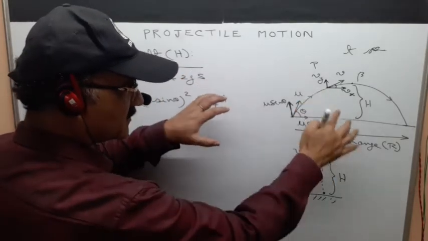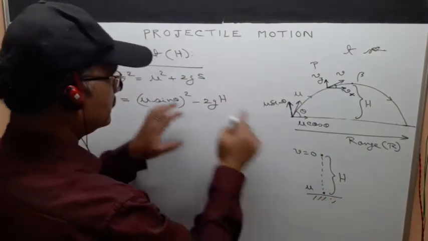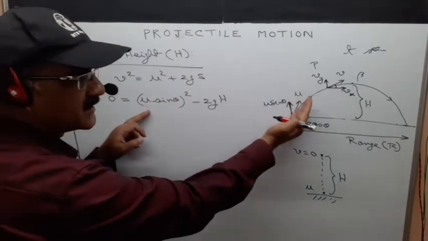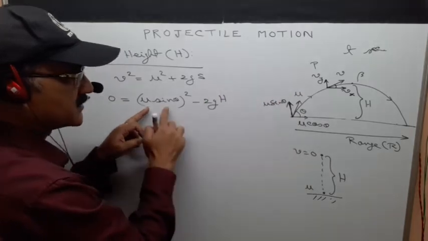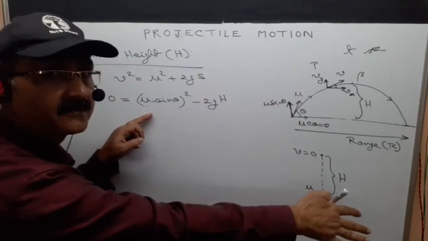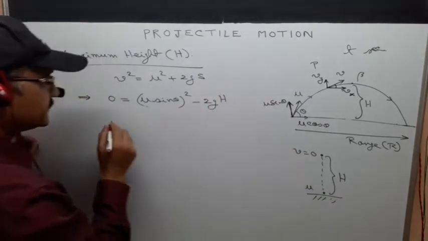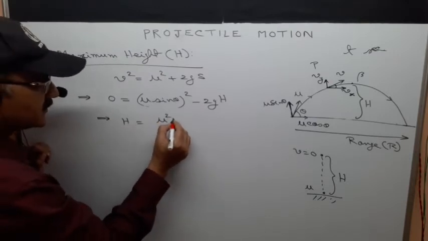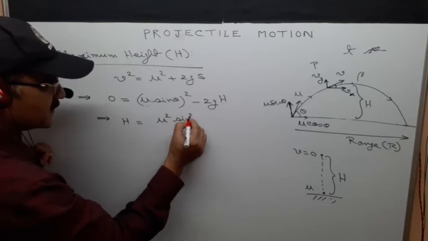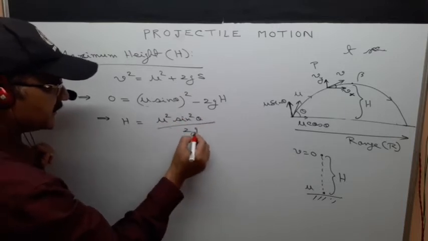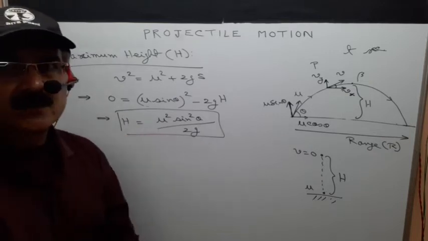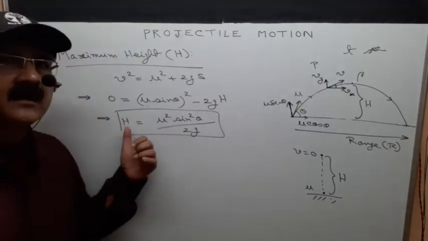In this case, instead of u, we just have to write u sin theta, the vertical component of the initial velocity. Rest is same. So from here, we'll get h is equal to u square sin square theta divided by 2g. This is the equation for maximum height.